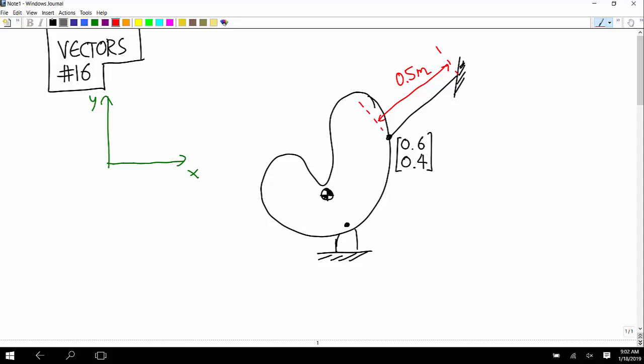And the pin, this point down here, is 0.05 for x, negative 0.2 for y.